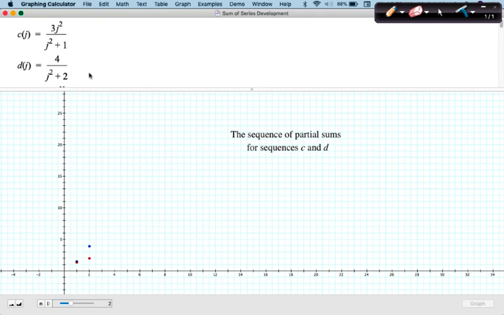I just use J instead of I, okay? On the x-axis, I'm going to graph the value of I. And on the y-axis, for each value of I, I'm going to graph the ith partial sum.